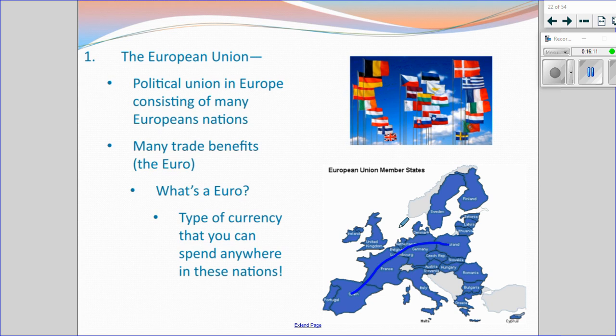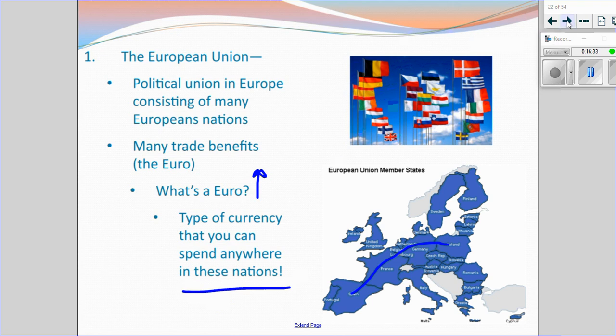And so more trade means higher standard of living, means people are making more money and everybody's better off. And it worked because the euro, which is the currency that they adopted under the EU, continues to be worth more than the dollar. And you can spend it anywhere in these nations, and it's more valuable than the dollar.